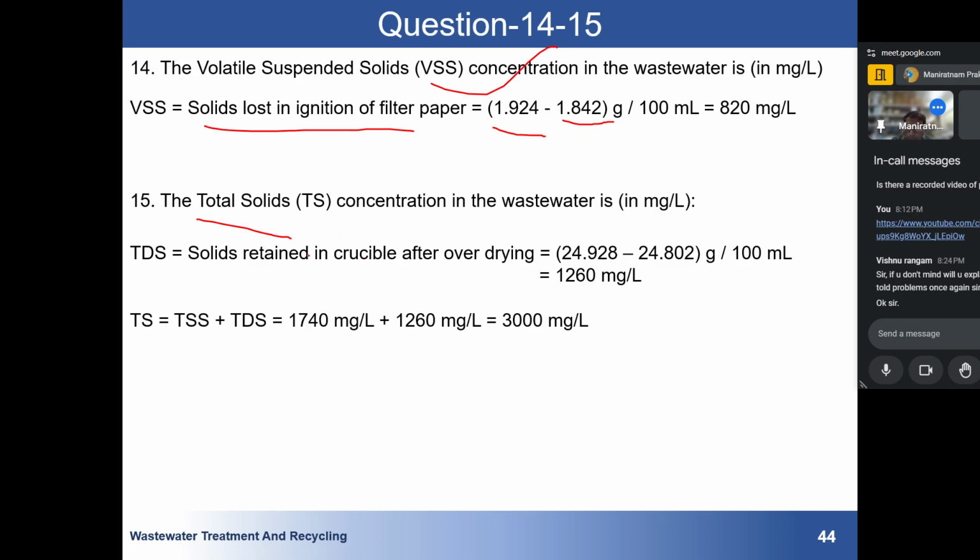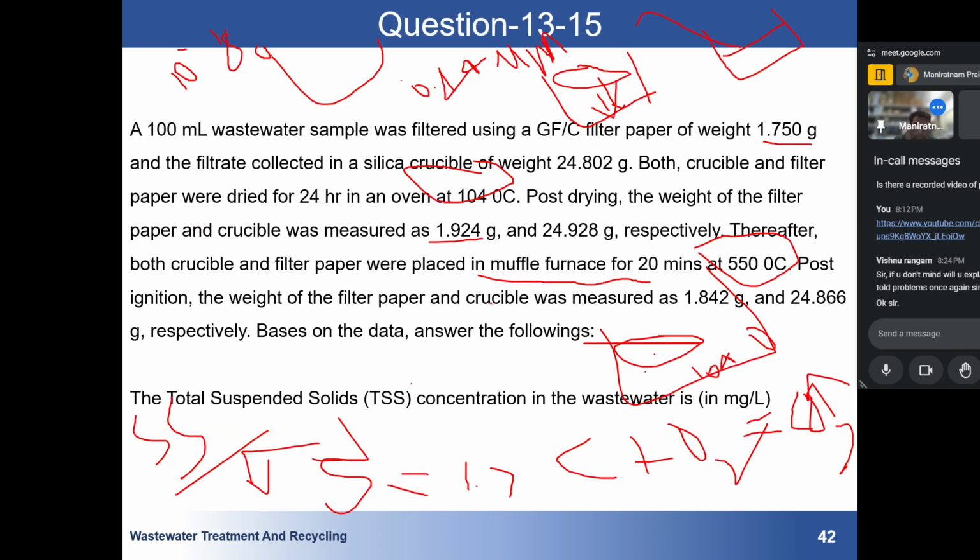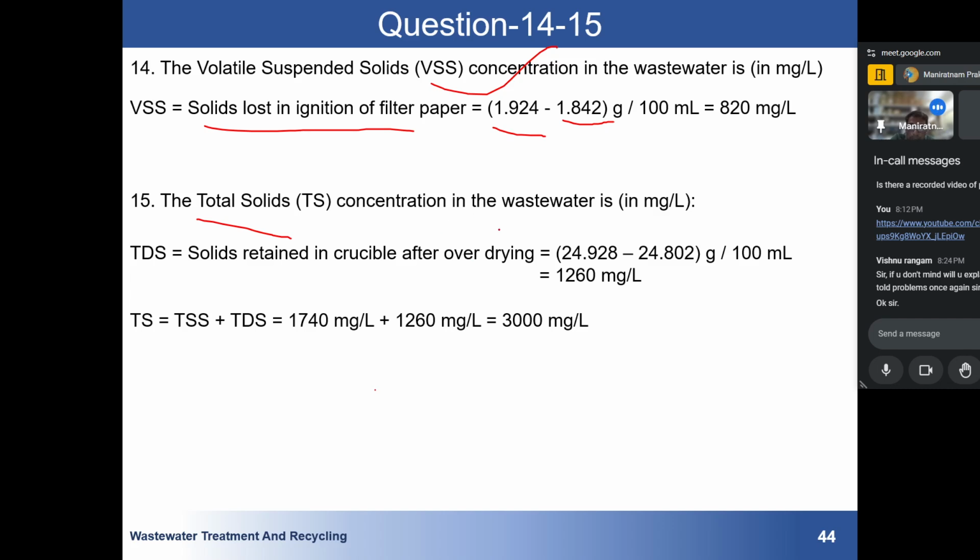So remember, one thing in the question itself is written incorrectly: that this crucible was kept at 104 degrees Celsius. This crucible was not kept at 104 degrees Celsius. This crucible was kept at 180 degrees Celsius. That's why we have used the solid weight on the crucible after oven drying to find the total dissolved solid. Okay, now.